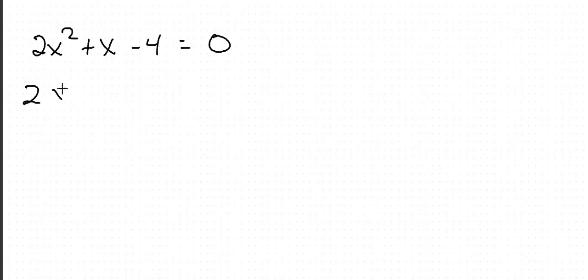The next one, 2x squared plus x minus 4 equals 0. Plus 4. Divide by 2.